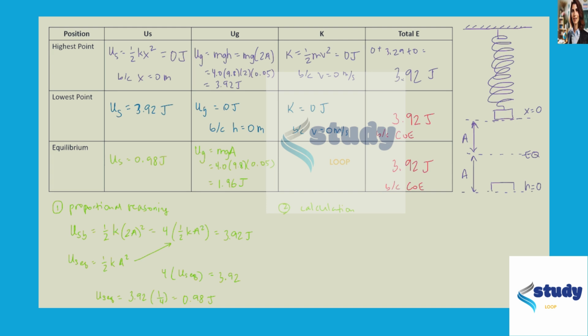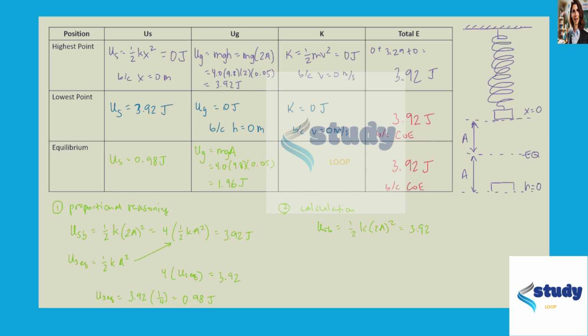And now if I wanted to do a straight out calculation, what I would do is look at the fact that US at the bottom is 1/2 K times 2A squared, and we know that it equals 3.92 joules.